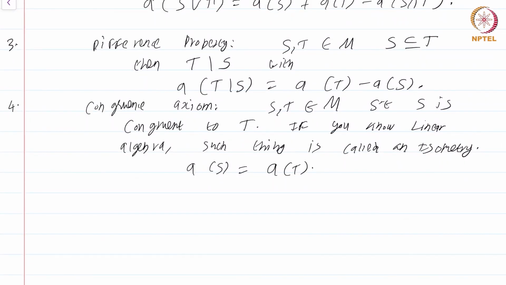So far the first 4 axioms are perfectly satisfied by the function A from the power set of R2 to R given by A of S equal to 0 for all subsets. So this will give a completely nonsensical theory of area where every set has area 0.